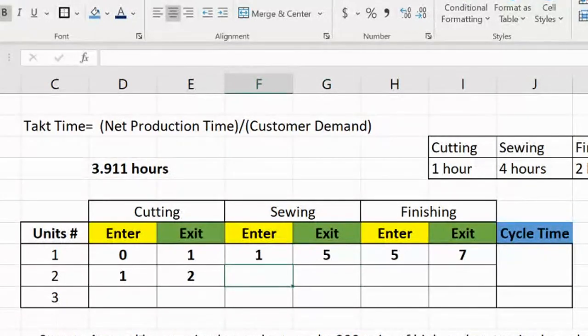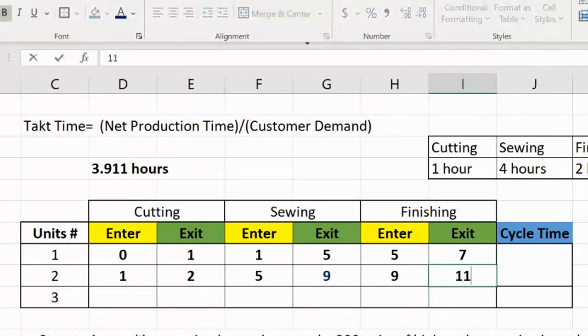So once the first unit is out of the sewing process, the unit will enter the sewing process, and it will come out from the sewing process at the ninth hour, and then it can immediately enter the finishing process at the ninth hour, since the first unit will be out of the finishing process at the seventh hour itself. And then another 2 hours will be taken for it to complete the finishing process.